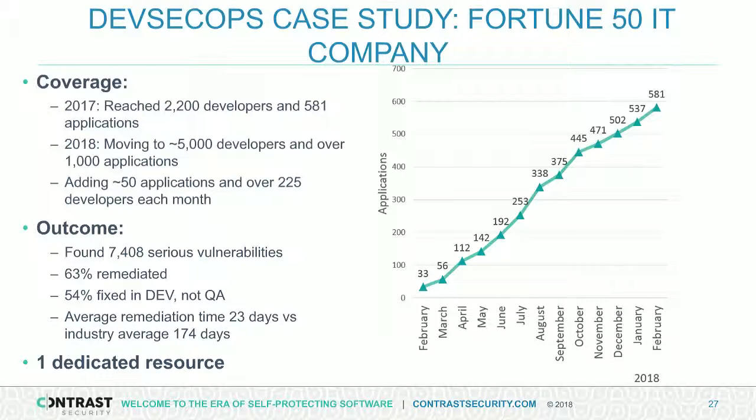And similarly, even if you look at their applications, 2017 they had over 500 apps, and they want to double that this year. And you can also see some of the outcomes that they've seen in terms of the numbers of serious vulnerabilities that they found, the percentage that have been remediated and fixed, and the average time to remediate has gone down significantly. So again, here's just a real-world example that we'd like to share with you.